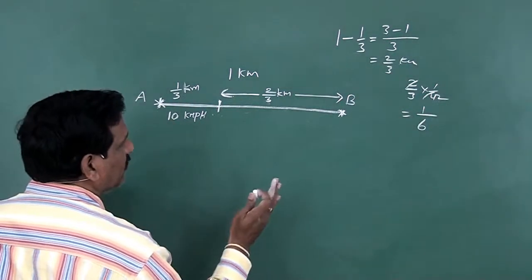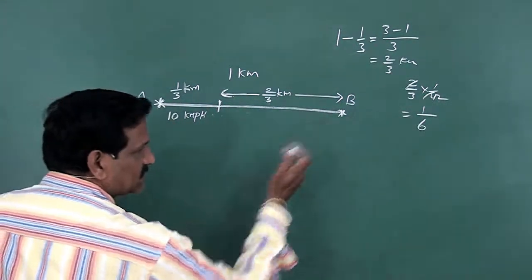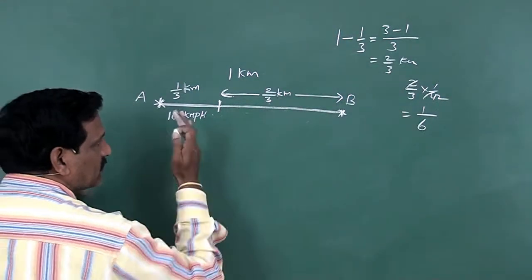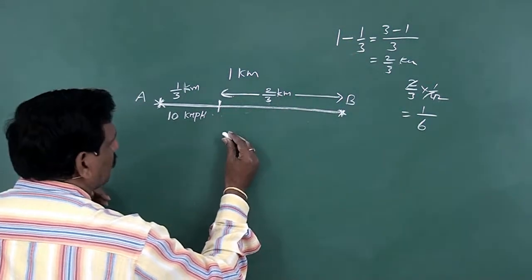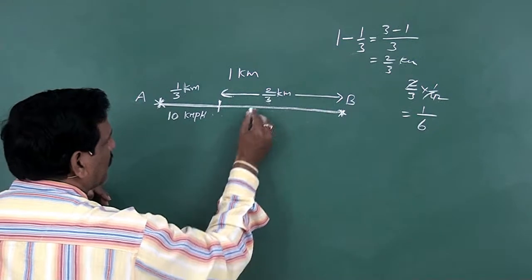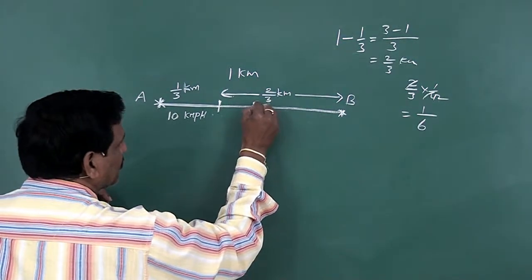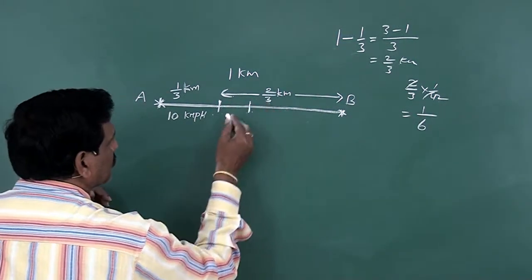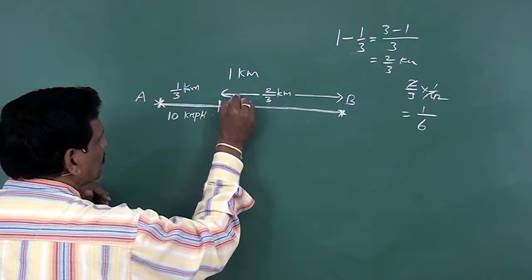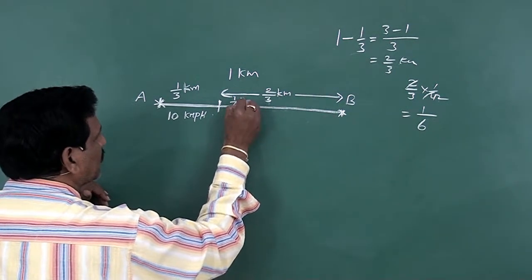So you have to take 1/6 of the total distance. So this is 1/6 kilometer.